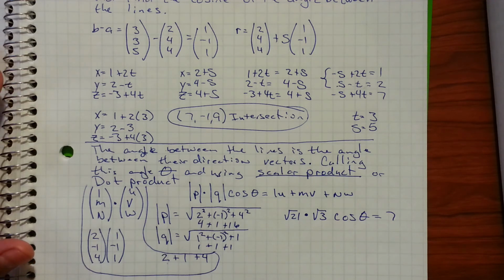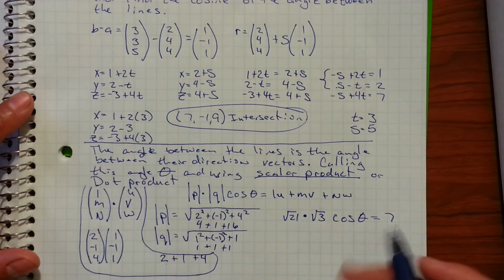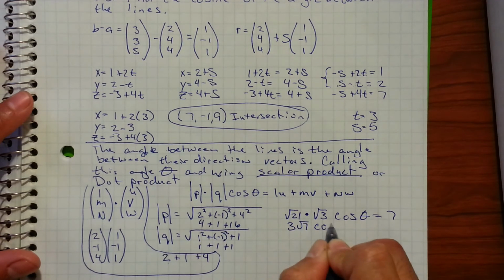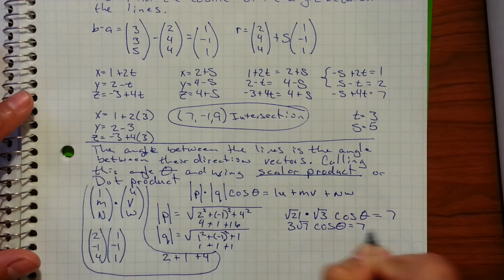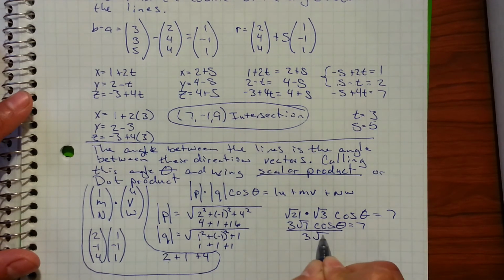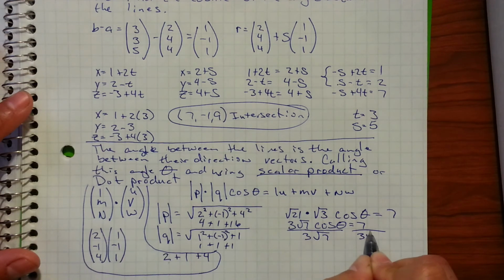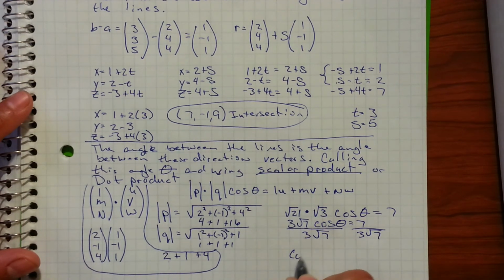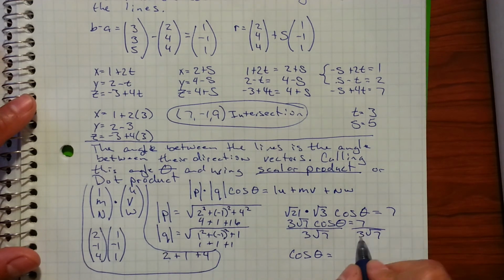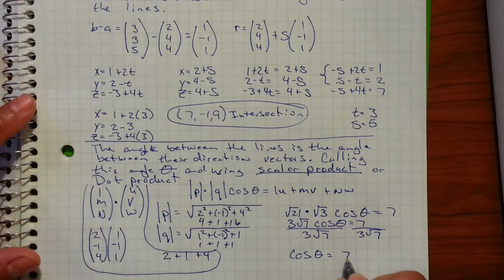Now we're trying to find cosine theta. We're actually not trying to find the angle itself. We're just trying to find cosine theta. So let's multiply those together. They both have a 3, so it's going to be 3 square root of 7 cosine theta is equal to 7. Divide both sides by 3 square root of 7. So cosine theta is equal to 7 over 3 root 7.